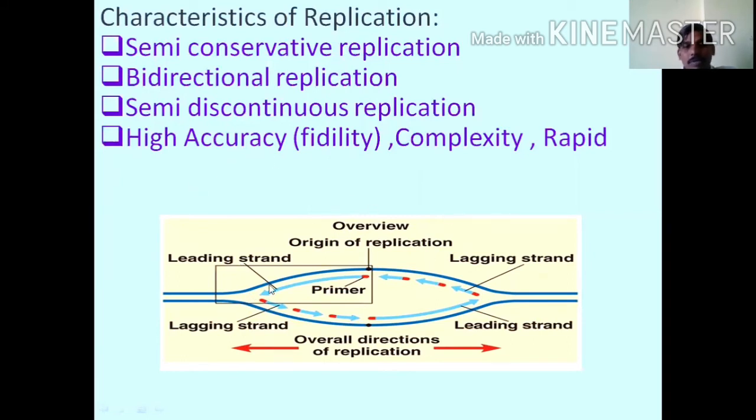This process involves various types of proteins and enzymes and energy utilization, so that's why it is complex. Moreover, new nucleotides are added to the new strand in a rapid way. The total replication process is done within hours only in prokaryotes. So the replication process has high accuracy, complexity, and rapidity.